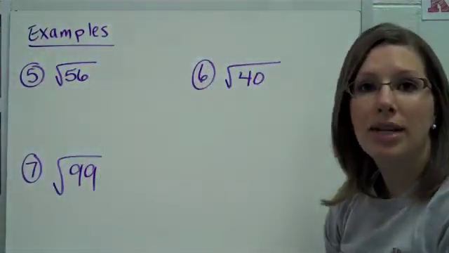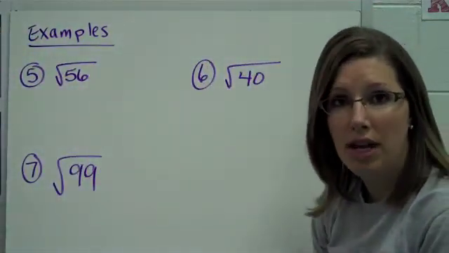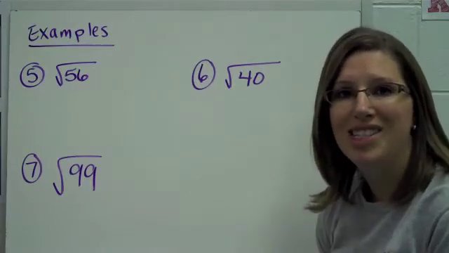Why don't you do these last 3 examples, try them out, hit pause on the video, and then when you're done, hit play, and you'll see the answers on the screen.